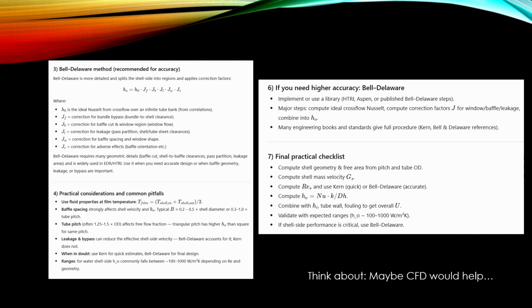In the second method, the idea is that we use the ideal case heat transfer coefficient and divide the shell volume into smaller volumes and use correction factors for baffles and tube bundles.